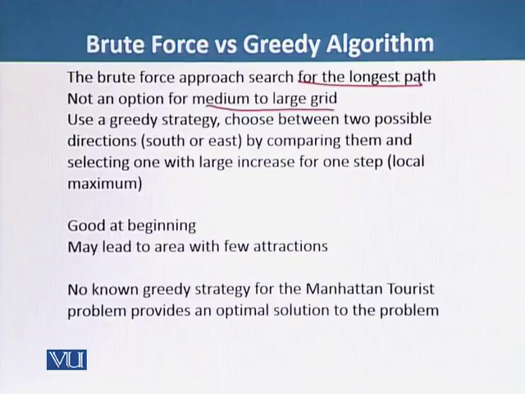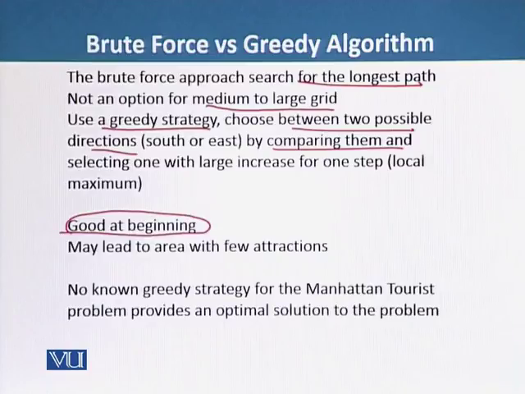In contrast, with the greedy strategy, we choose between the two possible directions by comparing them and selecting the one with the larger increase for one step. You will see this practically in the next slide. The greedy algorithm could be very good at the beginning, but it may lead to very few attractions. So no greedy algorithm could give the best possible optimum solution of this Manhattan tourist problem.